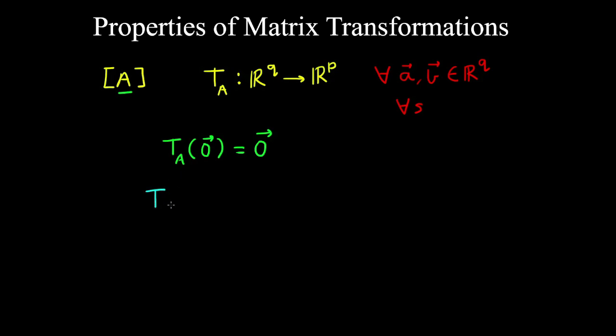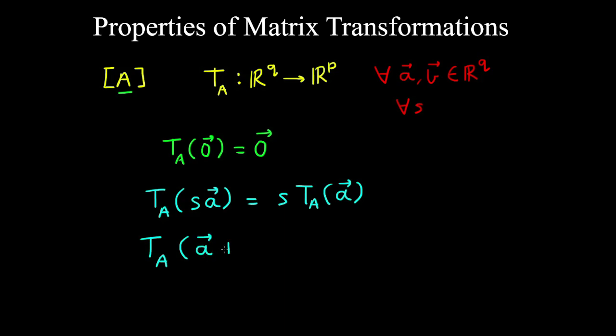The first property of linearity is that the transformation of the scalar S multiplied by a vector A is the same as the scalar multiplied by the transformation of the vector. And the transformation of a sum of two vectors is equal to the sum of their individual transformations, so the transformation of A plus the transformation of B.